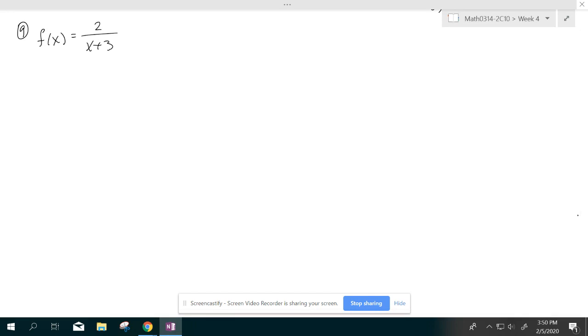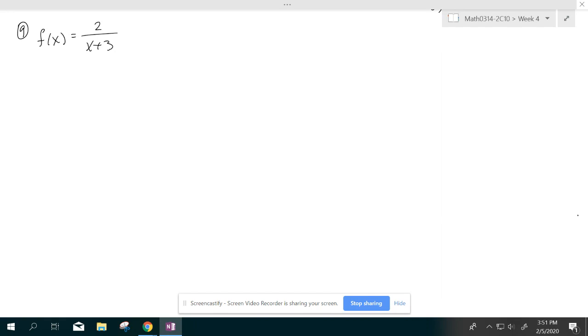And the instructions say find the domain. Now, it would be really nice if you could tell me what kind of function that is. It has a name. What kind of function is that?